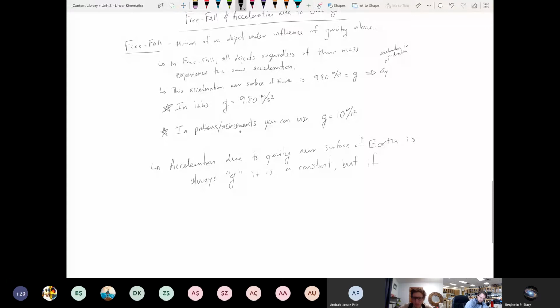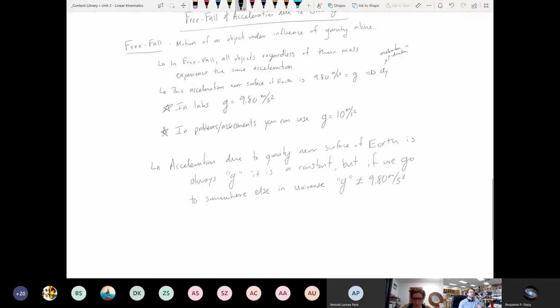But if we go to another planet, another moon, somewhere else in the universe, little g is not going to be equal to 9.8 meters per second squared.